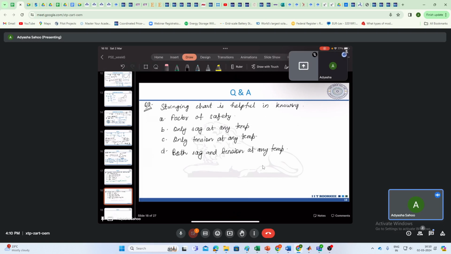So basically stringing charts are like a lookup table or chart. It's prepared in offline studies, during the planning stage basically. There you can find the sag and tension versus temperature. So using that you can find this.